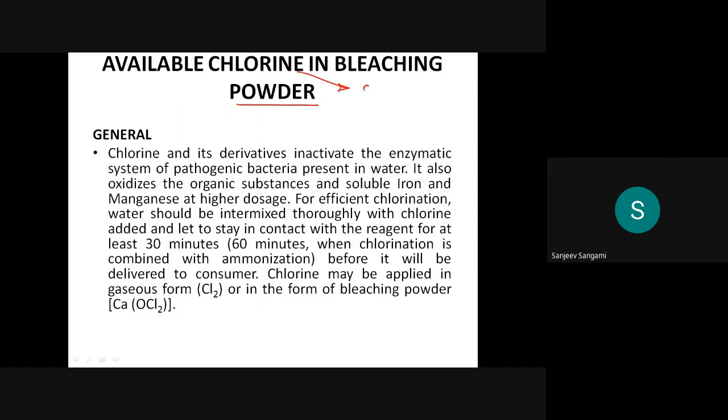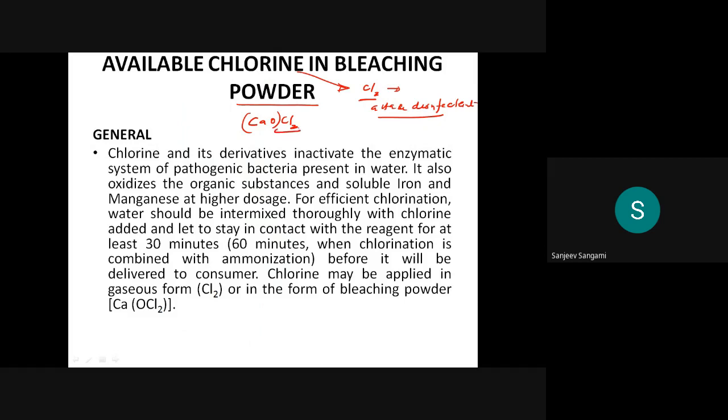The chlorine, we already know and you already studied in water supply engineering, acts as a disinfectant, and it is in the form of CaOCl2.